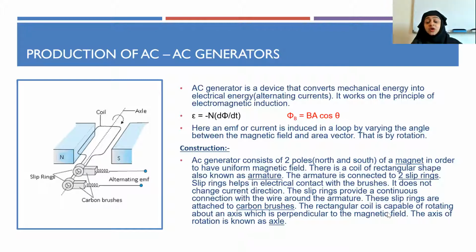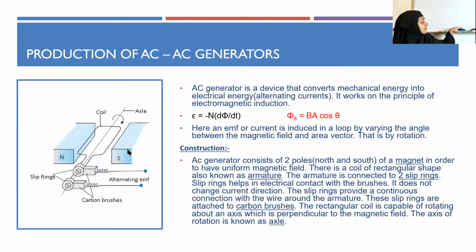And the rectangular coil is capable of rotating. It can rotate easily about an axis, which is perpendicular to the magnetic field. You know the magnetic field will be from North Pole to South Pole. So it will be in this direction and the axle is perpendicular to the magnetic field.